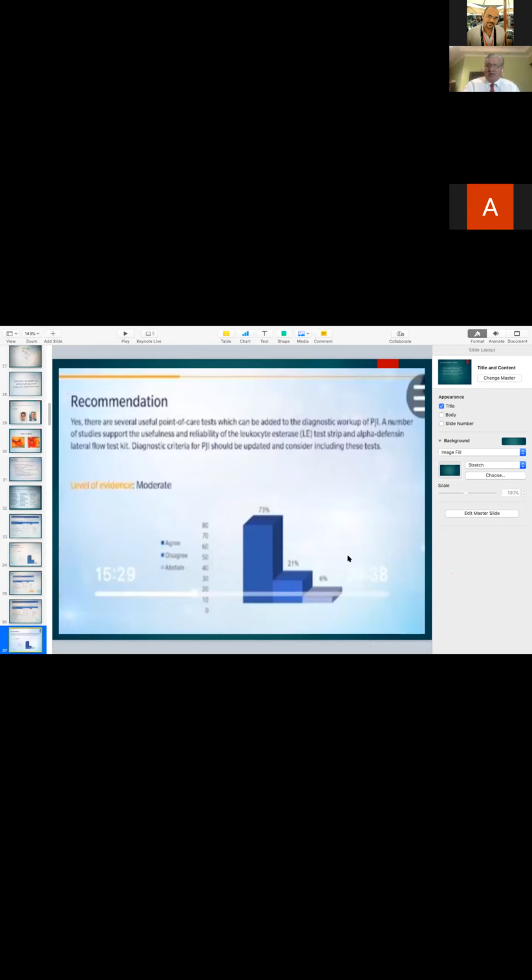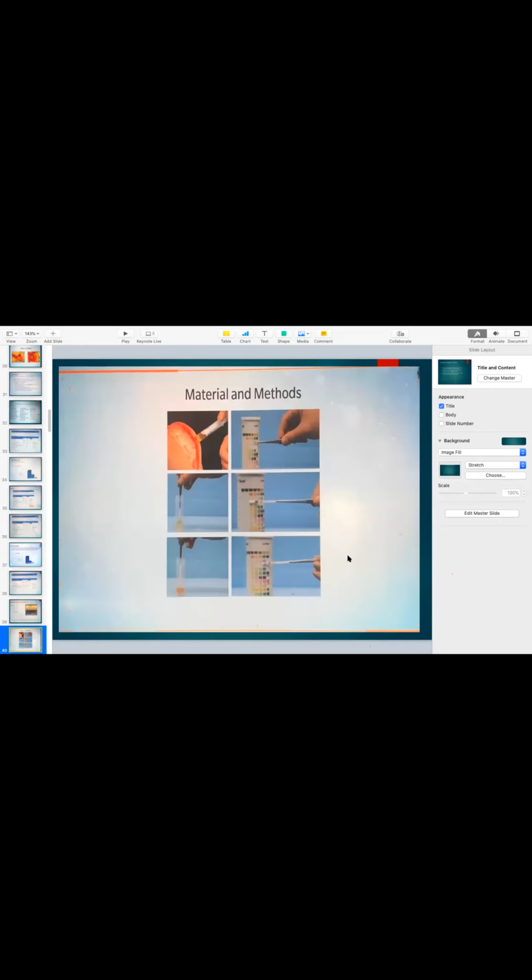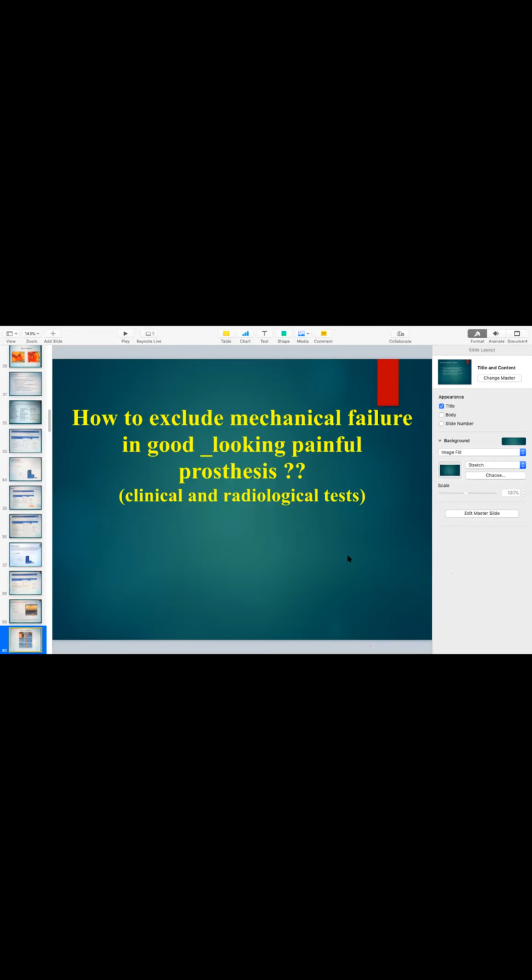And for the rapid tests, I say for leukocyte esterase, alpha-defensin, and D-dimer, it's about 73% recommendation. Leukocyte esterase is like the urine strip: you can apply the strip to the synovial fluid, and it changes color with a special sign. It means this is infected or not infected. It was actually discovered by Parvizi and is very cheap.